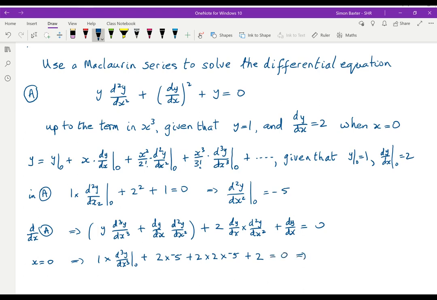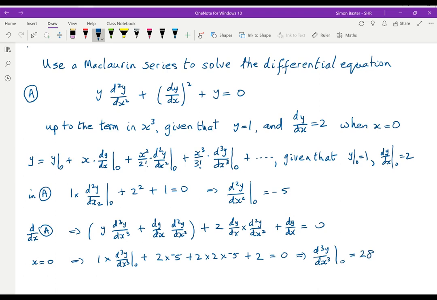And that tells us that d3y by dx cubed, when x is 0, I've got minus 10 minus 20 plus 2 is minus 28, so it is 28.